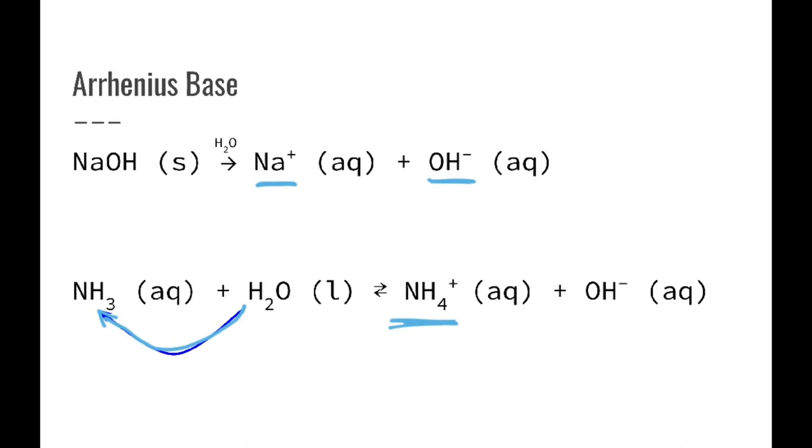And then after it donates, we're left with a hydroxide ion. Again, keep in mind that if it is an ionic compound, it will dissociate, but in the case of ammonia, it is going to ionize because ammonia is a molecular compound.